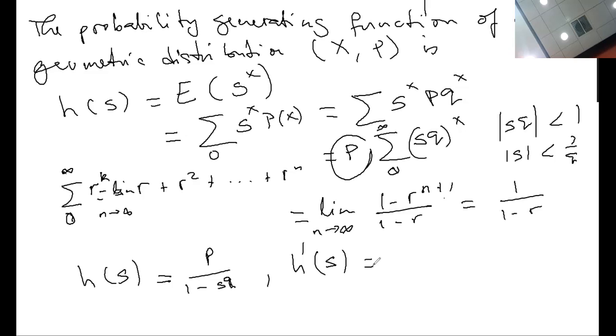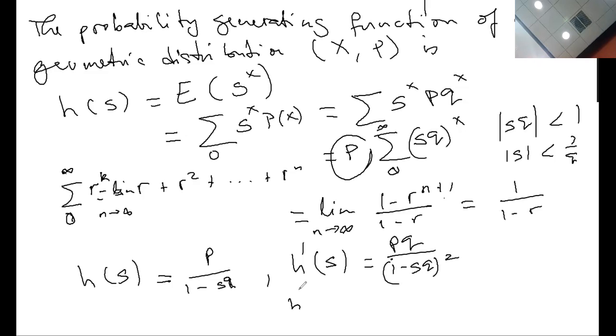Minus q. So we will have minus q at the numerator, right? So this is going to be pq over (1 minus sq) squared.